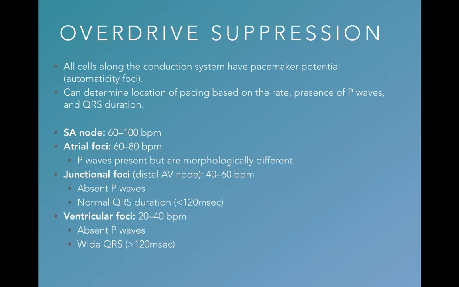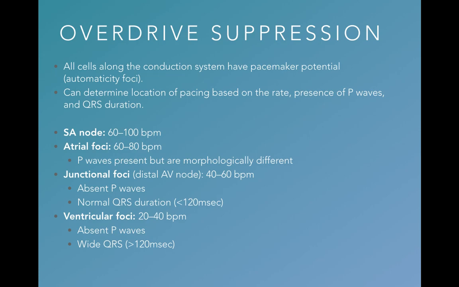So when you're looking at rate, the SA node normally paces at 60 to 100 beats per minute. If you see a rate of 60 to 80 beats per minute, that can also be from somewhere in the atria. But it's important to look at the P waves, because if the P waves look different, then they're not from the SA node. And I'm going to show you examples of this.